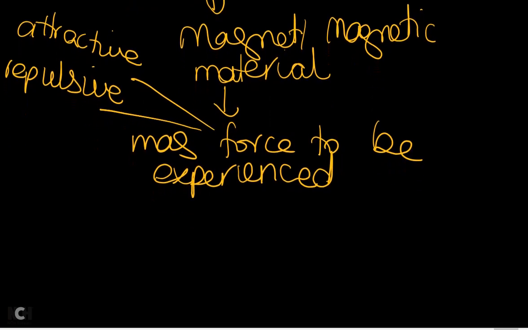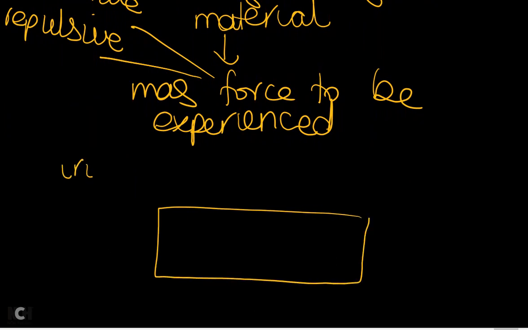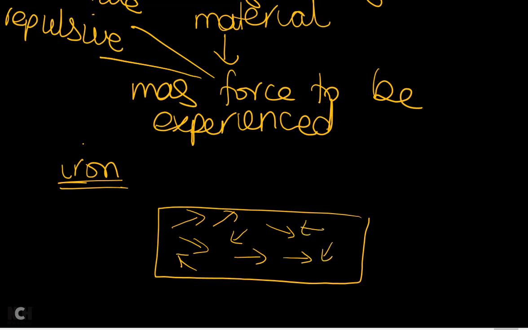Now, when we look at the structure of magnetic materials, right, and let's look at an example of iron. Right, iron is a very popular magnetic material, and it is often described as a magnetically soft material. Now, many times within iron, you will find here that you have what we call tiny domains, which make up all different magnetic materials.